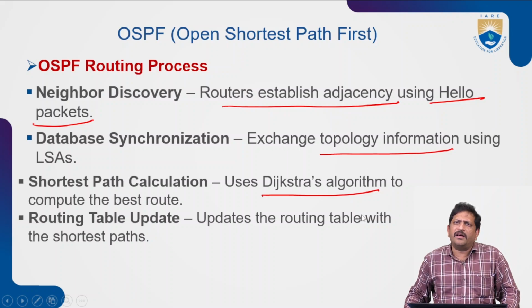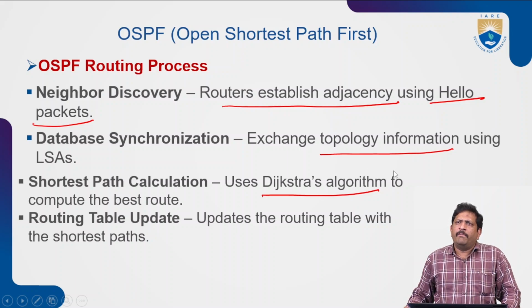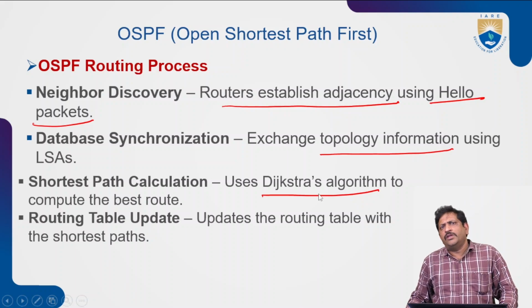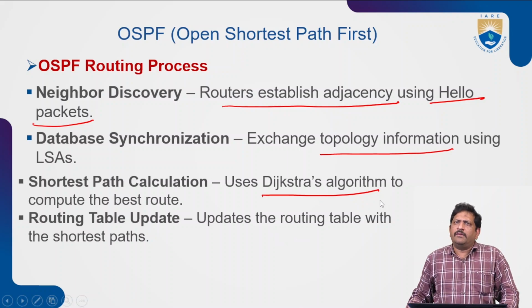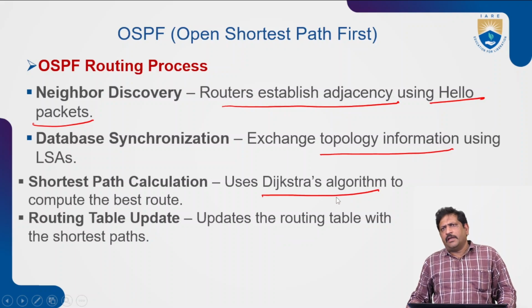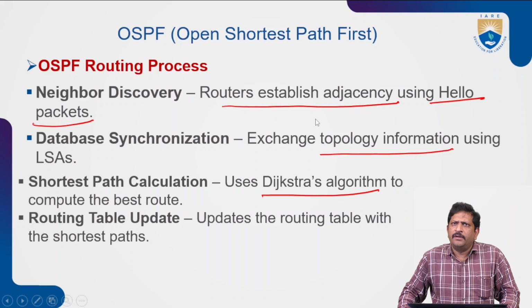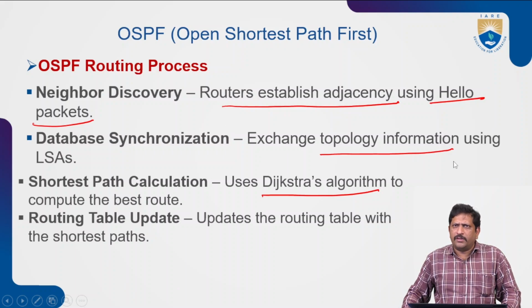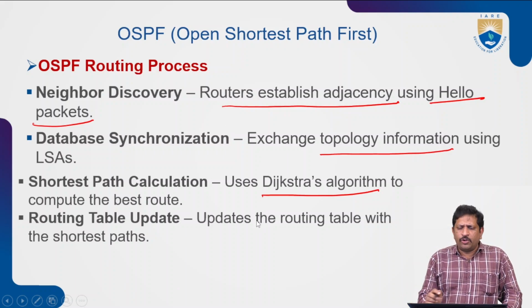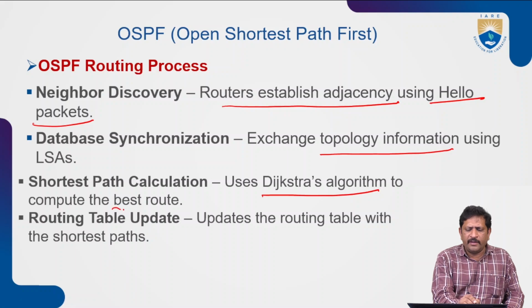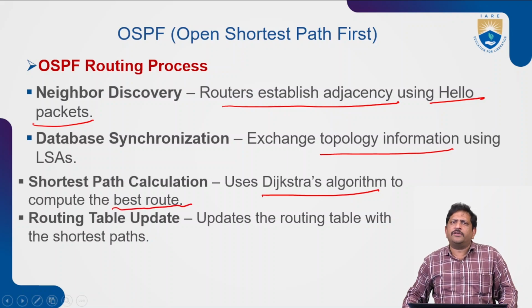With the help of this algorithm in networking, the best shortest path can be found through the network. Via that optimal path, the information can be transferred. This is computing the best routers, finding the best routers for the shortest path.